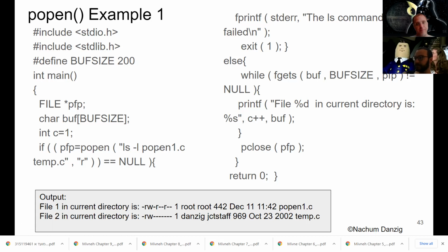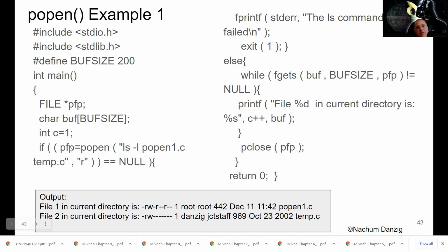And the popen I did was do this command ls -l on a file called popen1.c and another file called temp.c, and I want it for reading, which means I plan to read from this pipe. So when I say R here, I mean I intend to read.